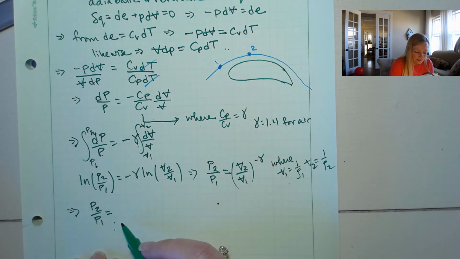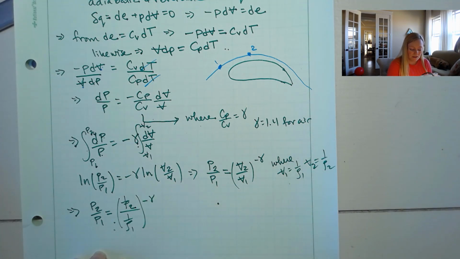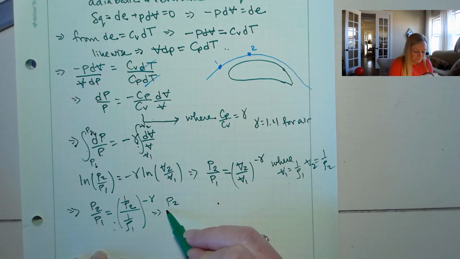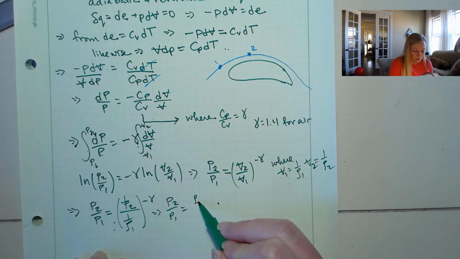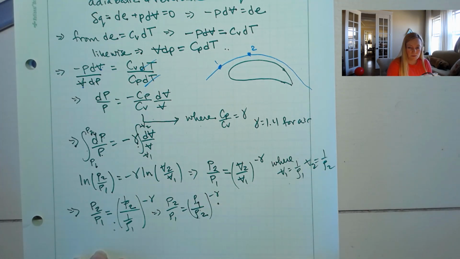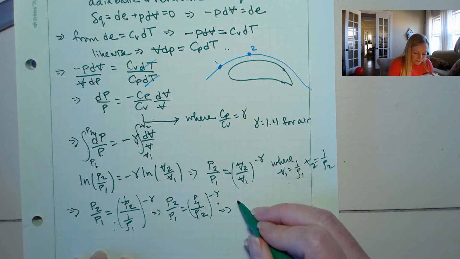So let's just work through it. Here we've got V2, so we'll put 1 over rho 2 over 1 over rho 1, to the negative gamma. When you flip this up top, you've got rho 1 over rho 2 to the negative gamma. But I want the 2 terms in the numerator on both sides, so let's switch things around a little bit.